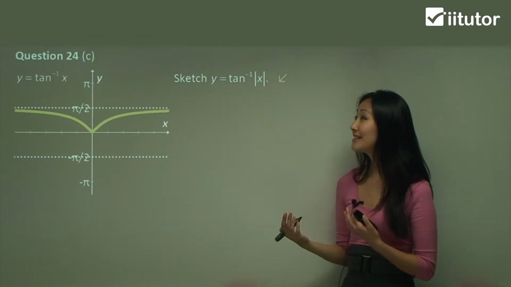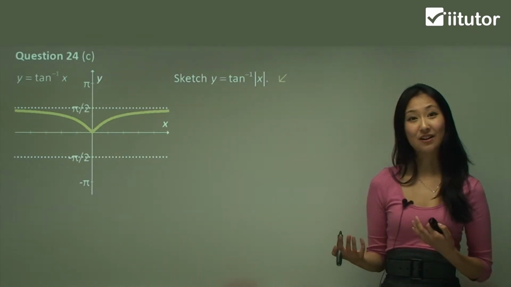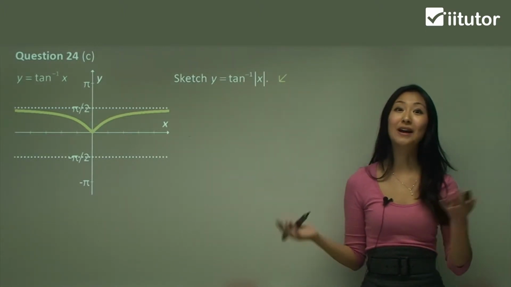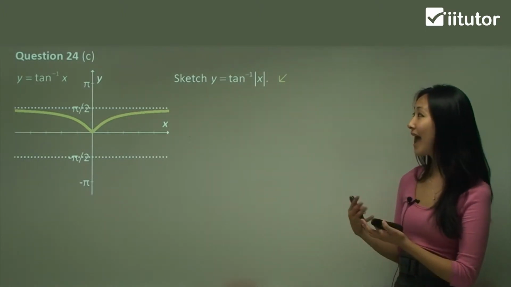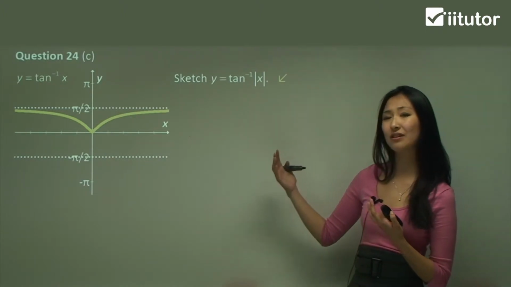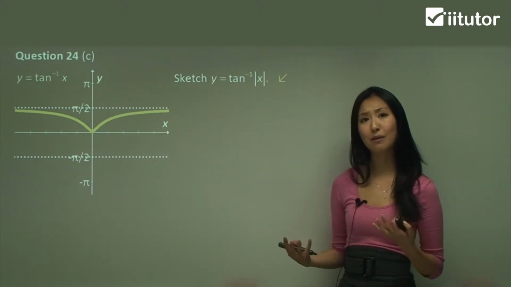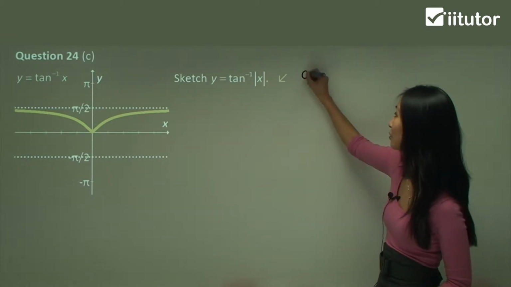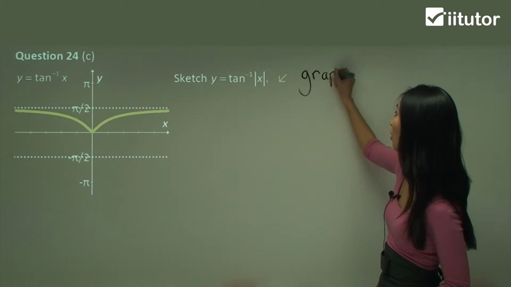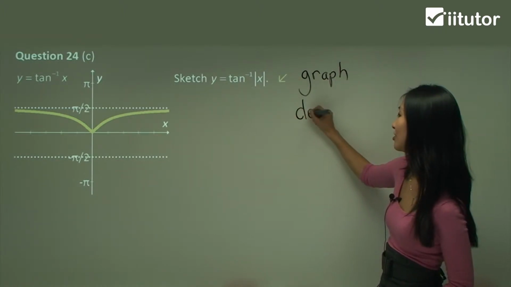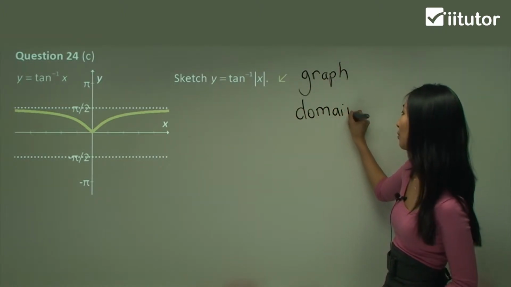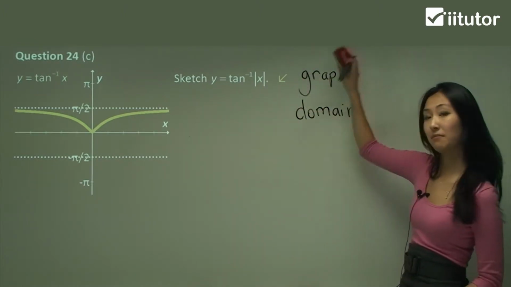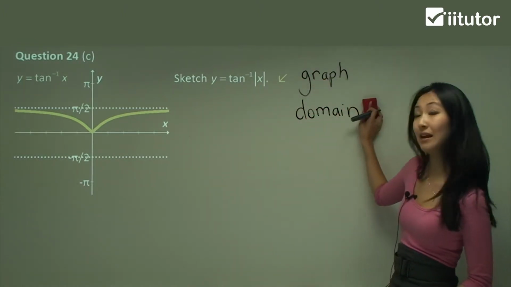Now, previously with our inverse sine and inverse cos, we used the input to work out the domain and the output to work out the range. Now, we can do that for tangent, but it's really difficult to use the output. So the best way to work out the range for your tangent is to either graph, as we've done here, or use the domain and alter that to look like y, okay? So over here, we've used the graphing method. Now, I'll show you the domain method later on.